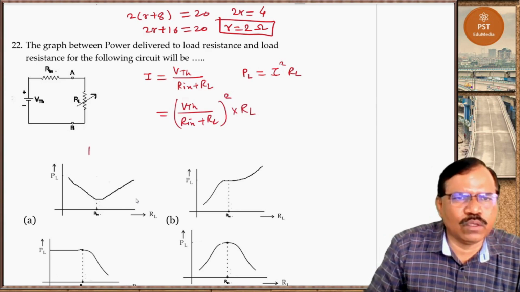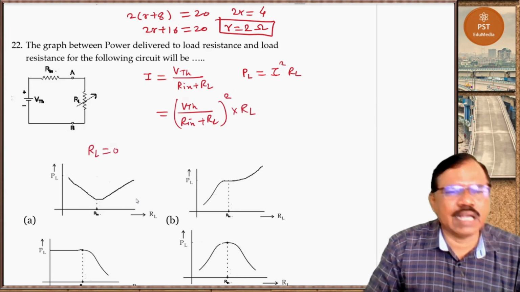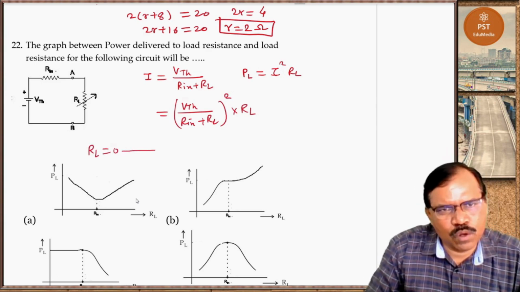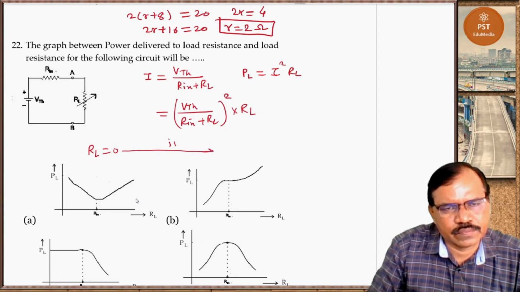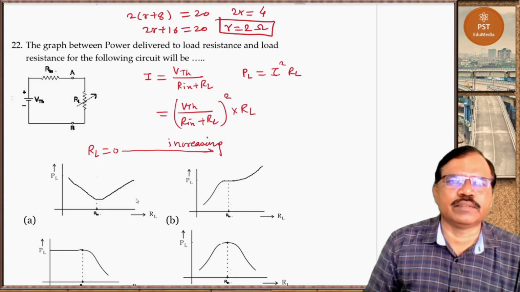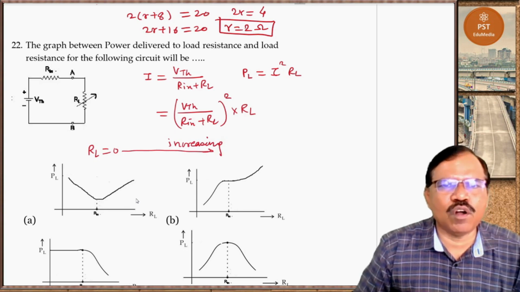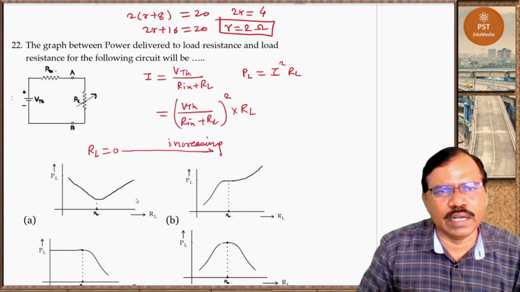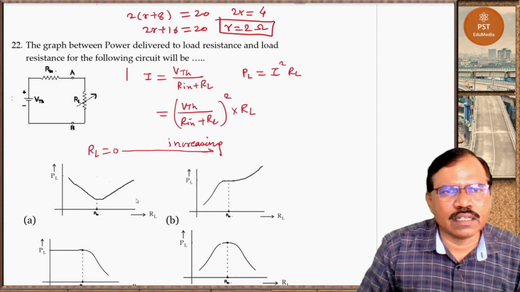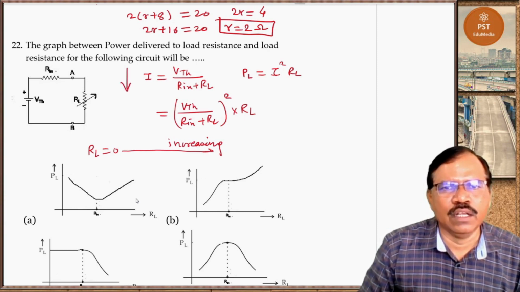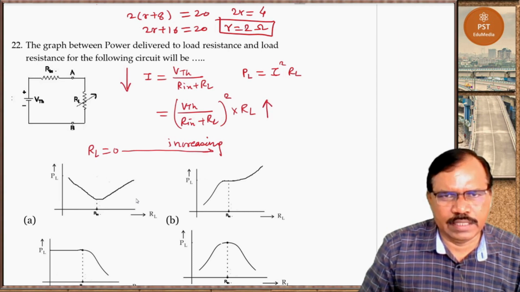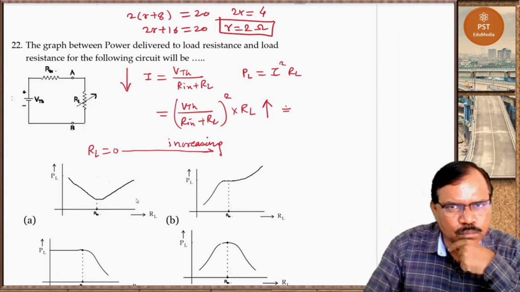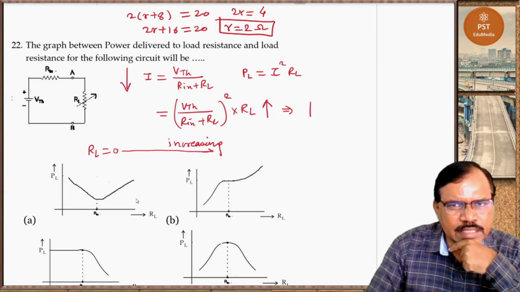Now suppose we take load resistance, we start from 0 and we go on increasing. So what happens? When we go on increasing load resistance, this current will go on decreasing, load resistance will go on increasing. So we have product of decreasing term and increasing term.